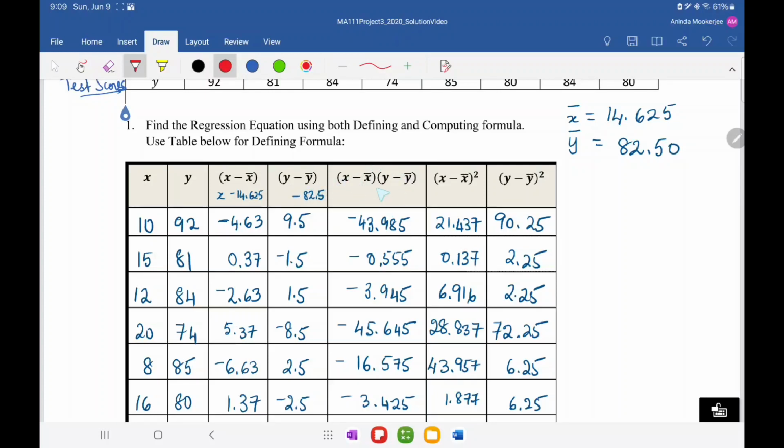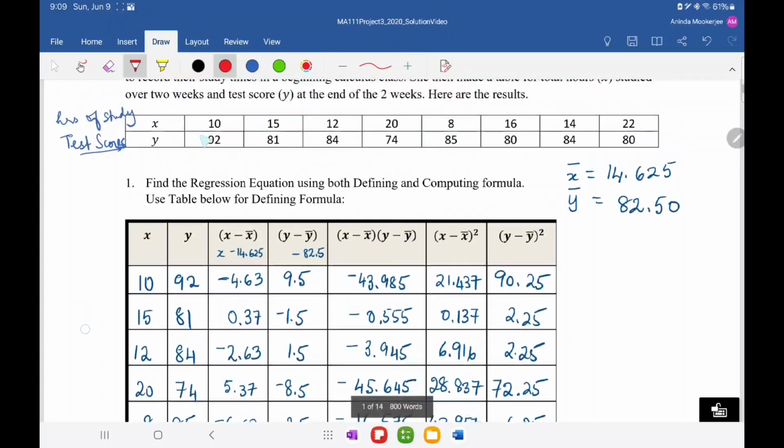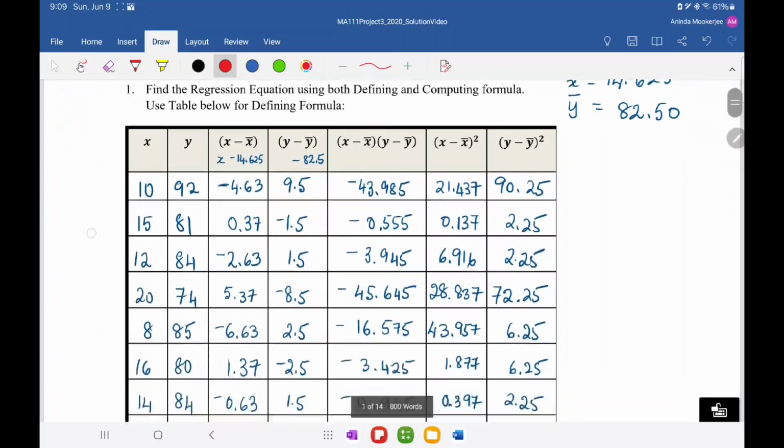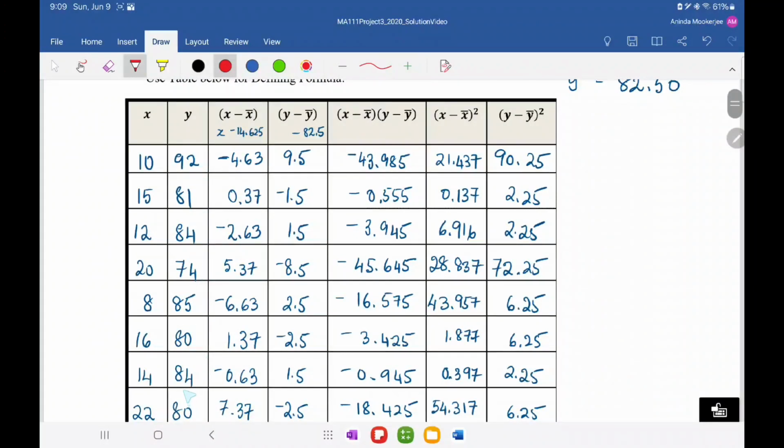In the subsequent column it's x minus x bar times y minus y bar. Then we have x minus x bar squared and y minus y bar squared. So in the first column, just list all the x values given to you. In the second column, list all the y values given to you. All right, so in the first two columns, we are just copying whatever was given to us.